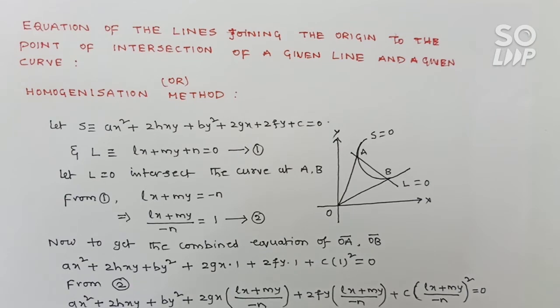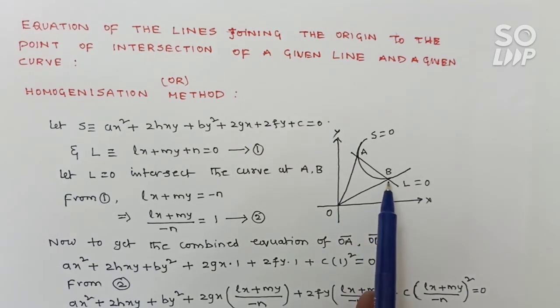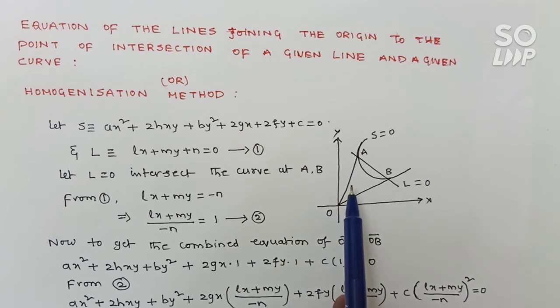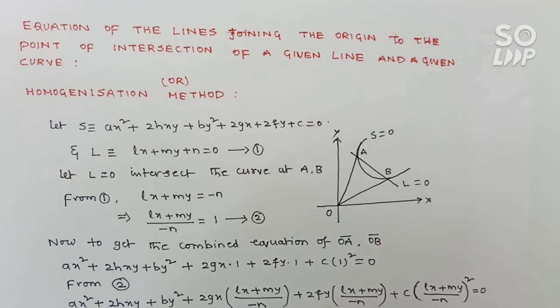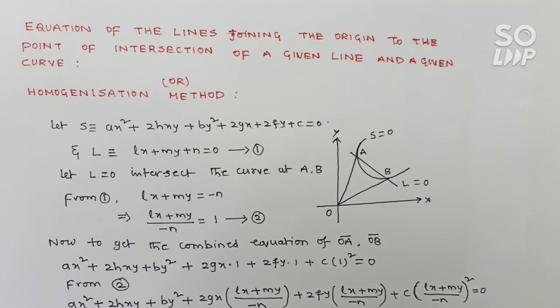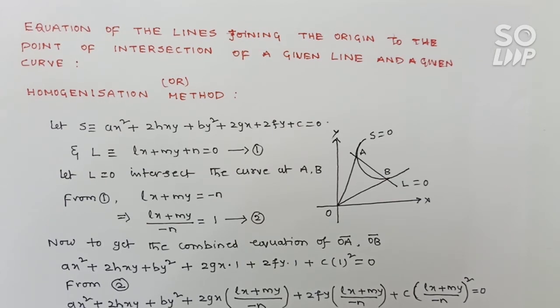The combined equation of OA and OB, joining the origin, will always represent a homogeneous equation. So this is called the homogenization method. Right now we will see one example related to this problem.